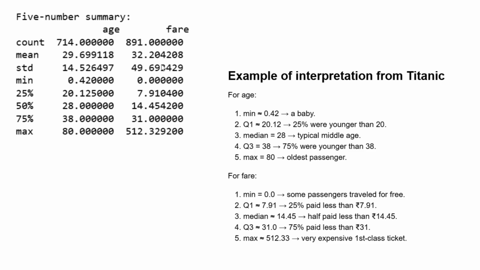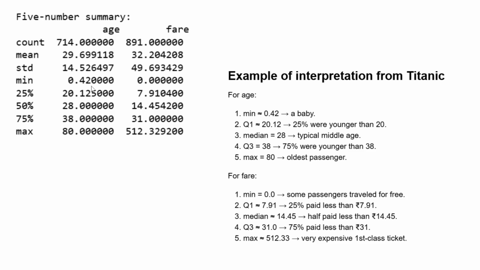Similarly, for the fare column, the interpretation is that it has 891 entries, the mean value is 32, and the minimum value is 0. So some passengers traveled for free.